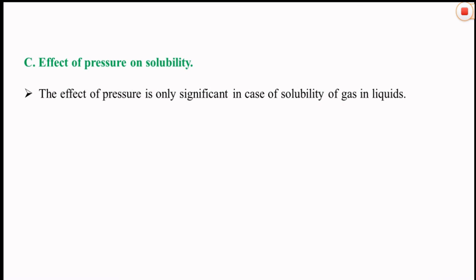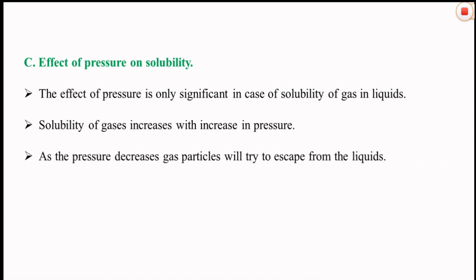In the last, effect of pressure on solubility, there is a negligible effect of pressure on the solubility of solids and liquids. Only in gases is the effect of pressure significant in affecting the solubility of gases in liquids. In the case of gases, solubility increases with increase in pressure.